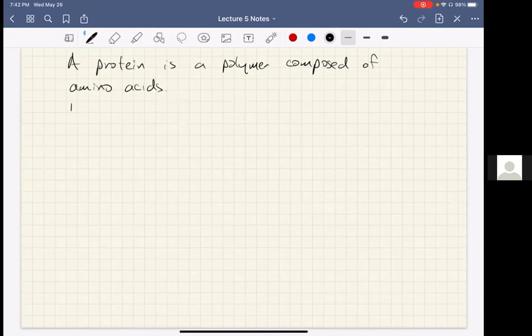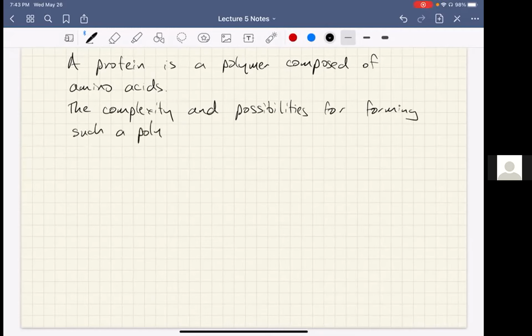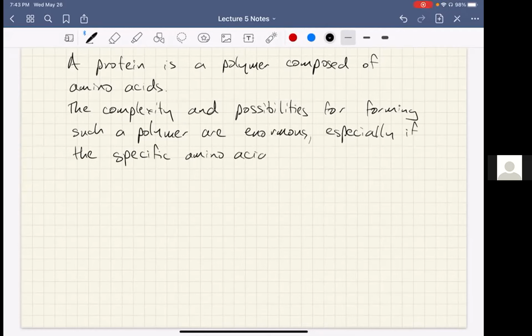The complexity and possibilities for forming such a polymer are enormous, especially if the specific amino acids can be controlled at the molecular level.